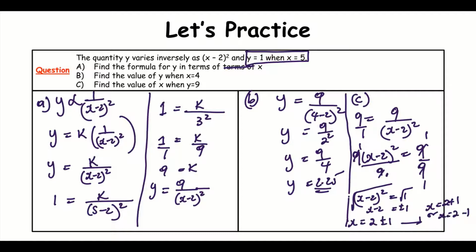So that would give us 3 or 1. So the value of x when y is equal to 9 is 3 or 1.